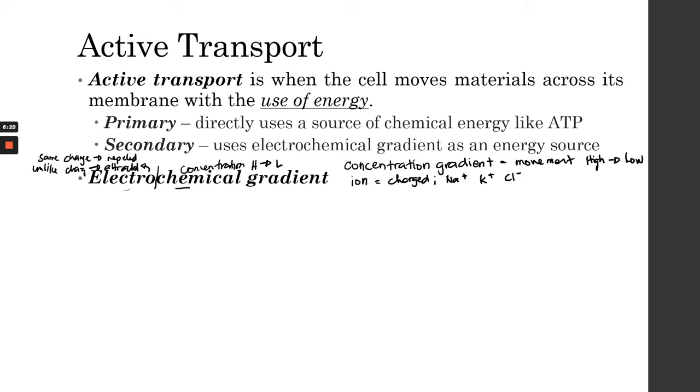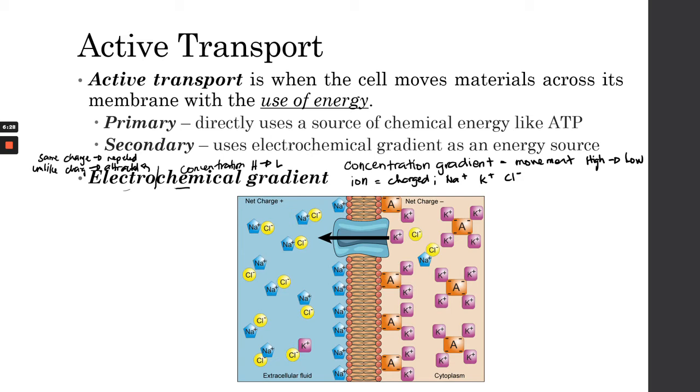These two gradients are happening across the membrane. So let's look at this. The area in blue is the ECF, or extracellular fluid, the fluid outside of the cell. Our ECF is relatively positive compared to the inside of the cell.